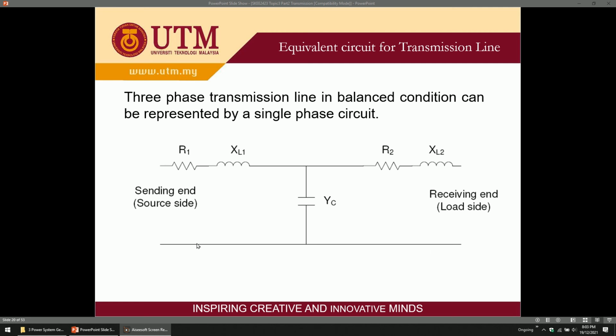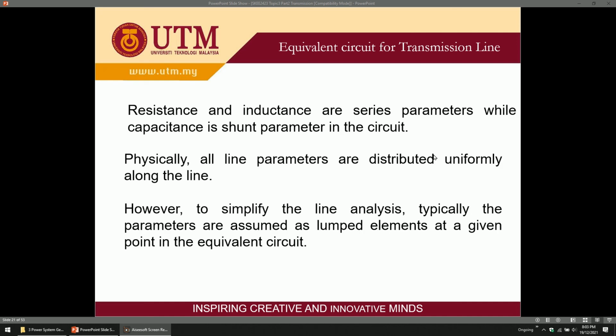You have resistance, inductance, and capacitance. Remember, in electrical we usually use the left side as the source and the right side as the load. This is just standard practice. Resistance and inductance are series parameters, while the capacitance is a shunt parameter in the circuit.